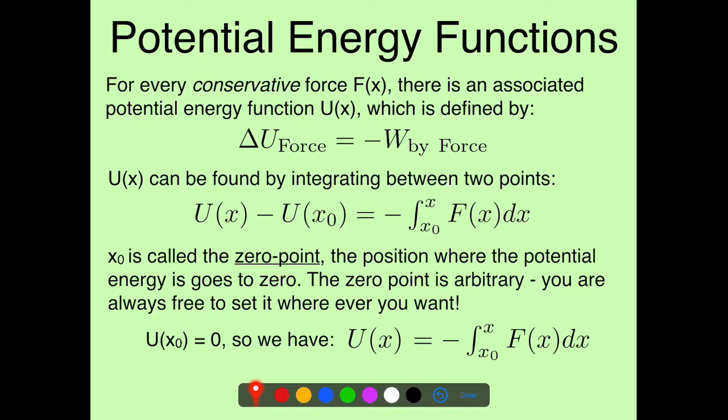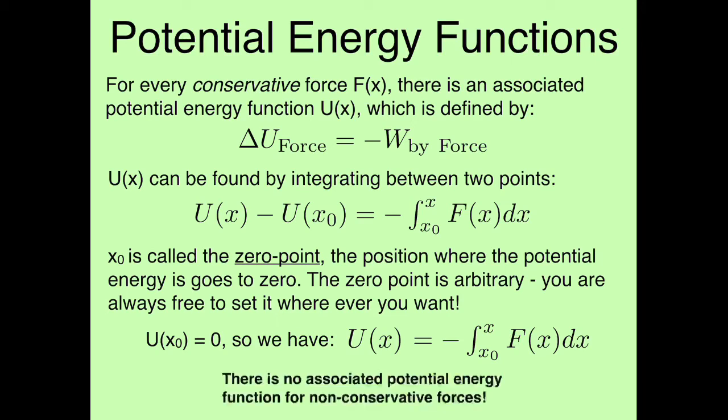And then all we're left with is U of x, that's the potential energy function that we want, is equal to minus the integral from x naught, that's wherever you set the 0 point, all the way to x, of f of x dx. If you do that integral, you'll get the potential energy function.